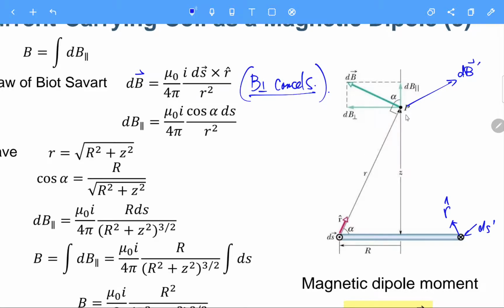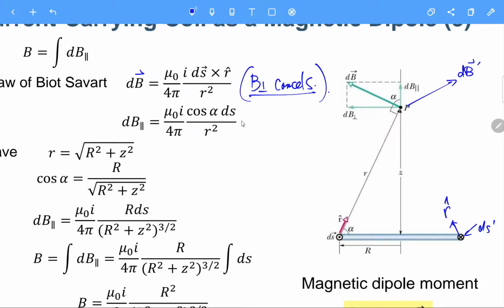And when we need to decompose dB into the z-axis, this is alpha, and this is alpha. And of course, dB parallel over dB will be cosine alpha. So ds cross r will have a magnitude to be 1 times ds.